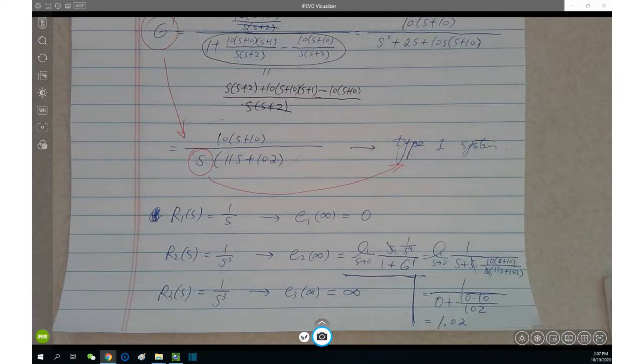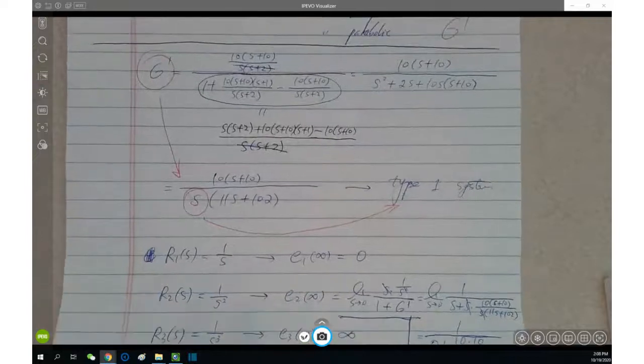Take a look to see any questions. Yep, here I'm pretty much also showing you how to conduct the algebra.